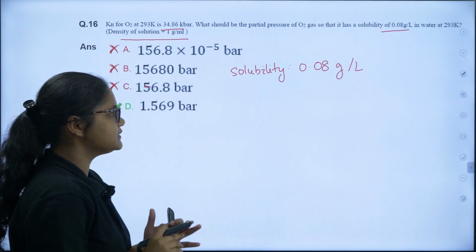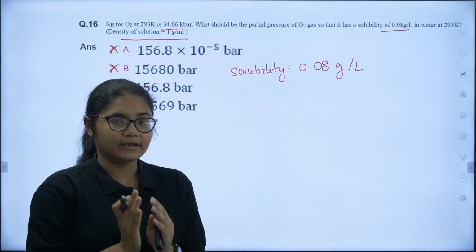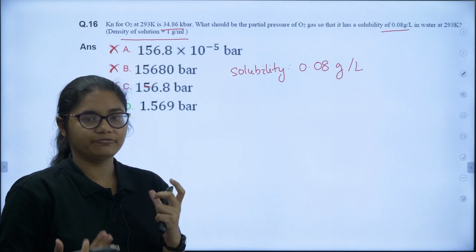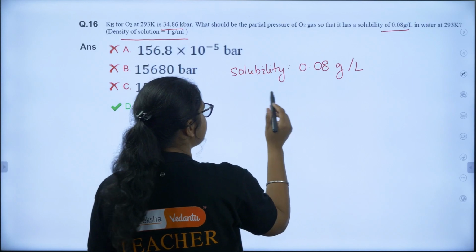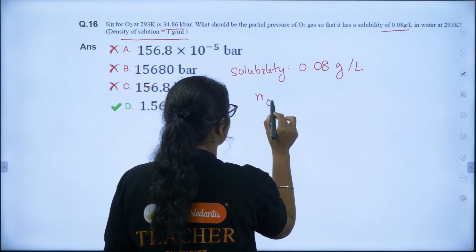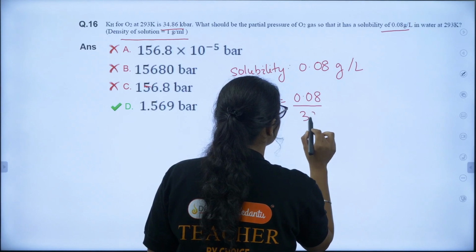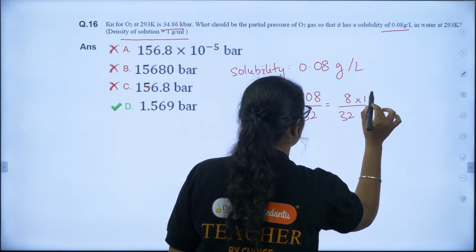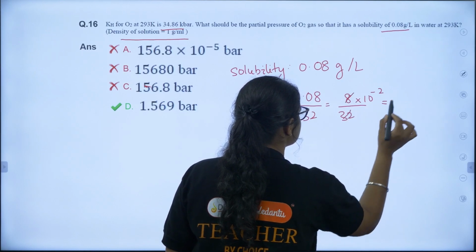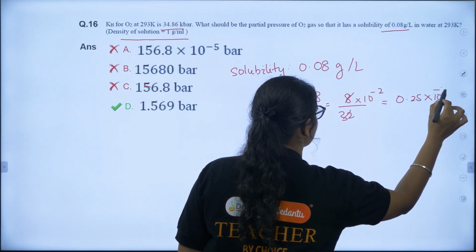Okay. Now if you see 0.08 gram per liter, we need to calculate the solubility in terms of mole fraction. So for oxygen, the number of moles of oxygen will be 0.08 by 32, right? So I can write 8 by 32 into 10 to the power of minus 2. So that is 1 by 4, means 0.25 into 10 to the power of minus 2.